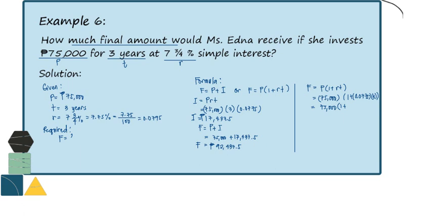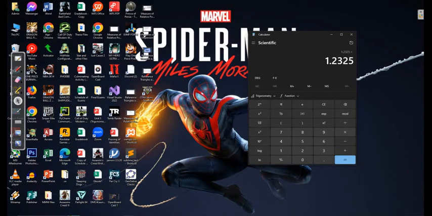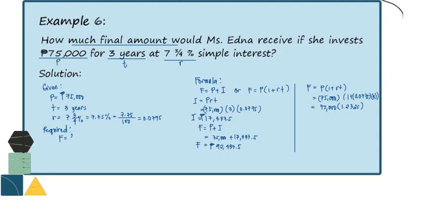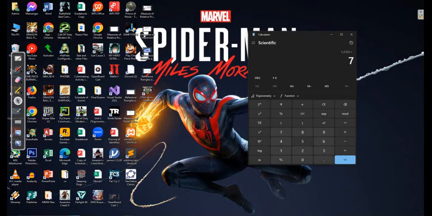Then, you multiply 1.2325 by 75,000. And then, as you can see, you get 92,437.5.